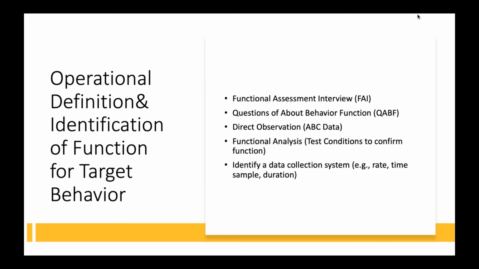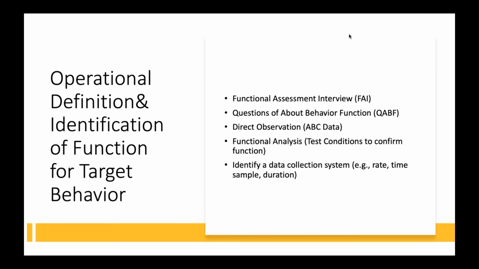We also want to make sure that we're addressing the function of behavior. There are various pieces of an FBA, and we have multiple things that we can do. Here we have different tools that can be used.